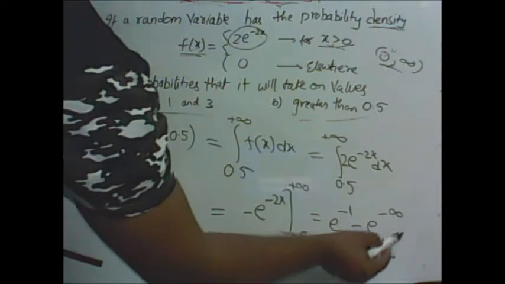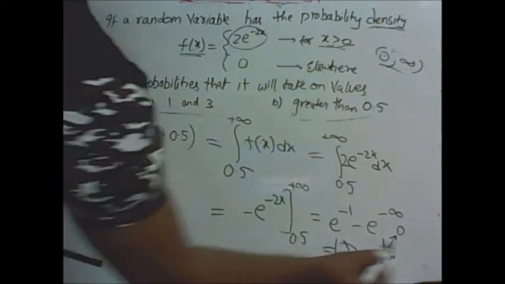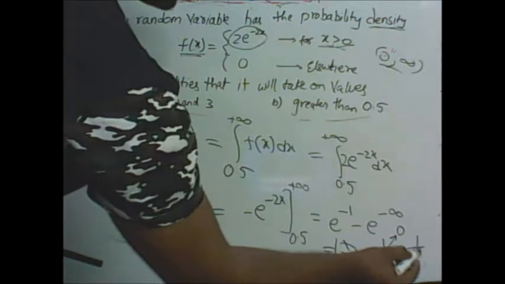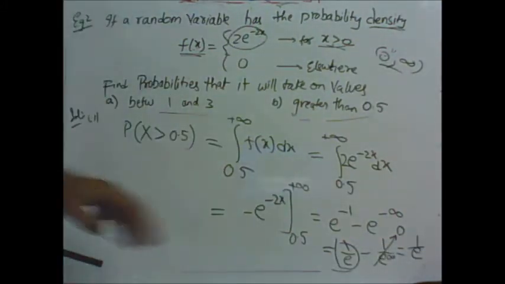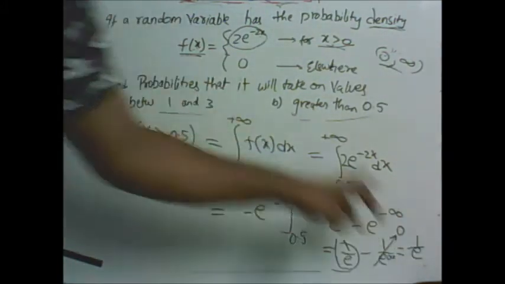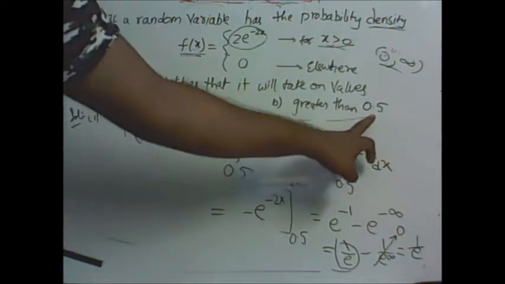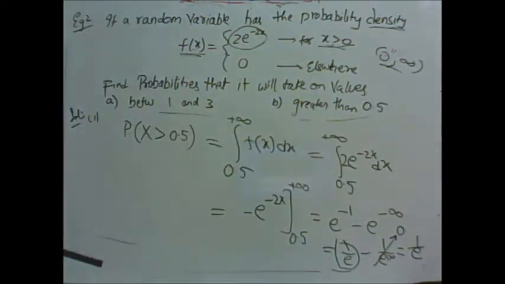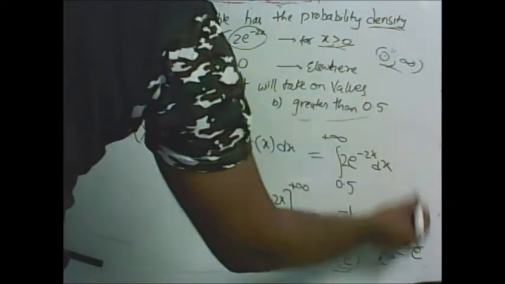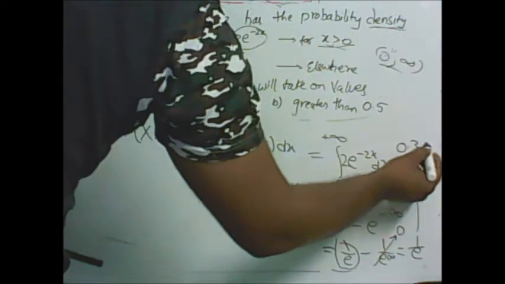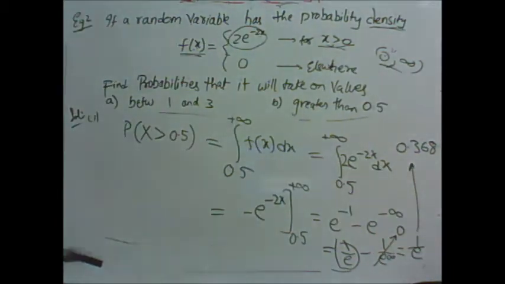So this term becomes 0 and what remains is 1 by e. So the probability that the random variable x takes values greater than 0.5 is 1 by e. From the calculator, the value of 1 by e is 0.368. So this is clear for all of you.